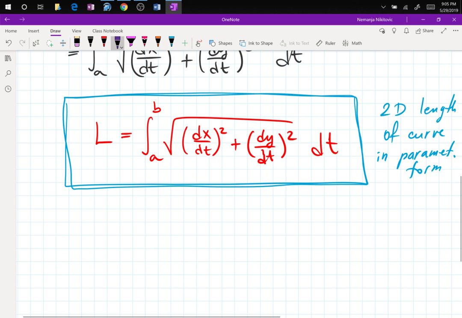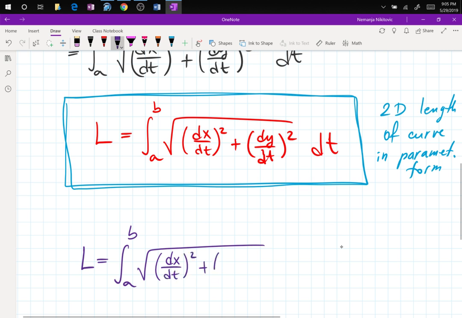Well, we just expand this by inserting z inside this formula. So L equals integral a to b square root of dx dt squared plus dy dt squared plus dz dt squared dt.